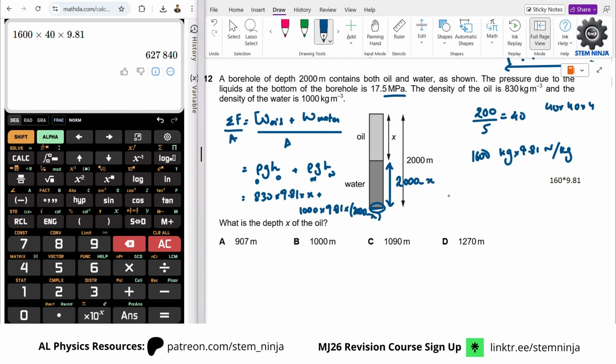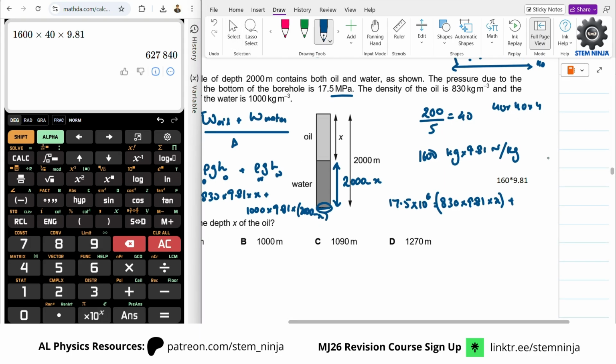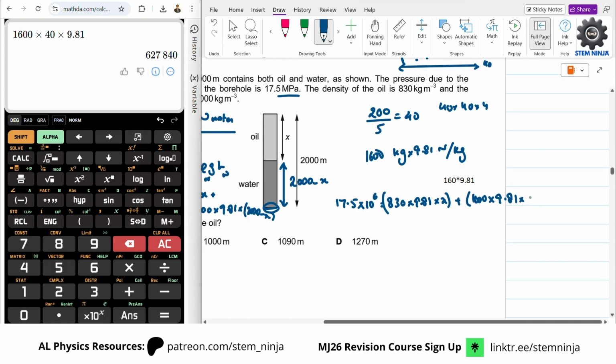So actually, let me write over here. So this is 17.5 mega, equal to 830 times 9.81 times x plus 1000 times 9.81 times 2000 minus x.